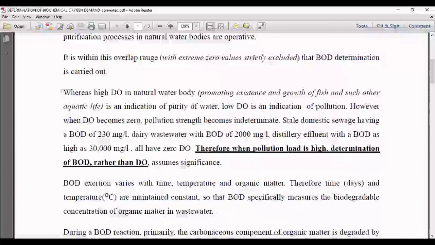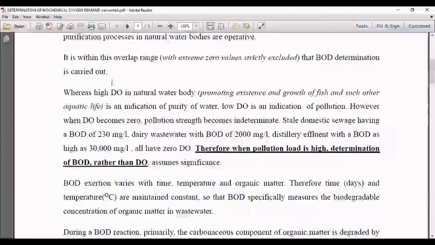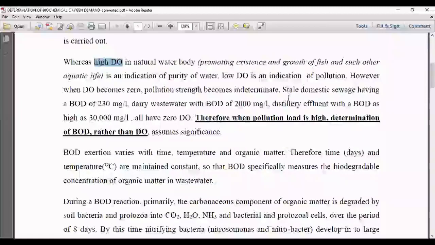As already said, if the DO is zero, the water body is polluted, and if the DO is high, the water body is not polluted, and particularly it will be promoting the existence and the growth of the fish and the aquatic life. However, when DO becomes zero, pollution strength becomes indeterminate, right?